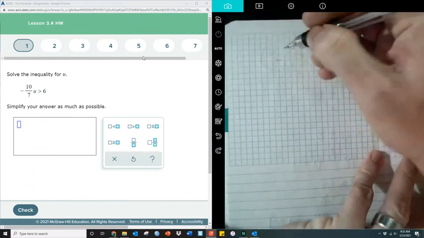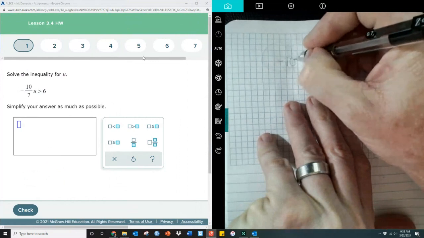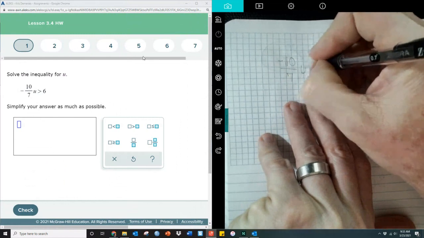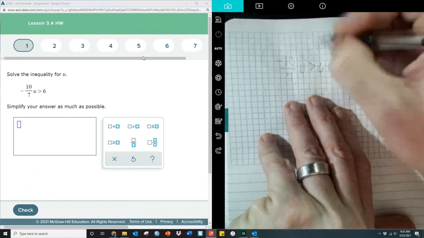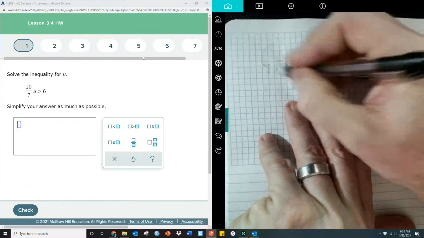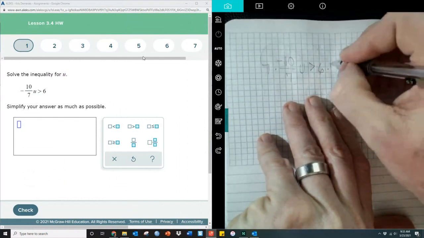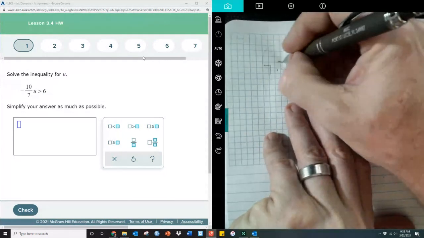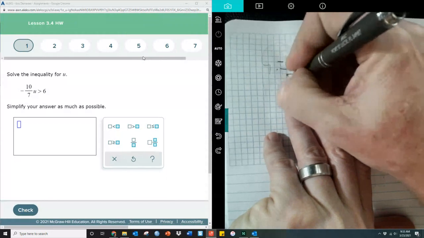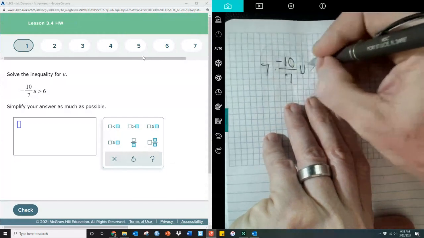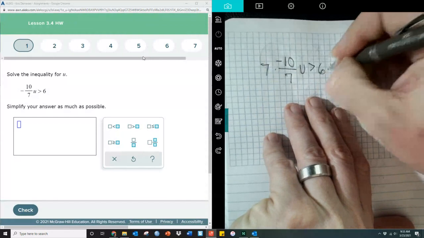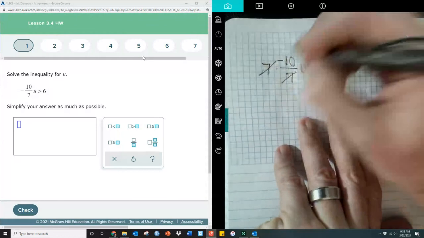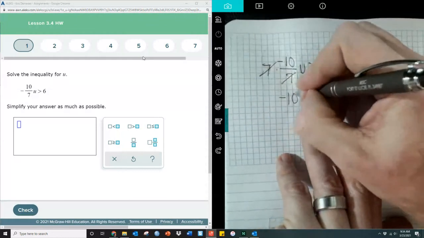Last time we were together and we dealt with fractions, I told you a simple way of doing it. All you've got to do is multiply both sides by the denominator. Now, once we do that, this will go away, and we're left with this.